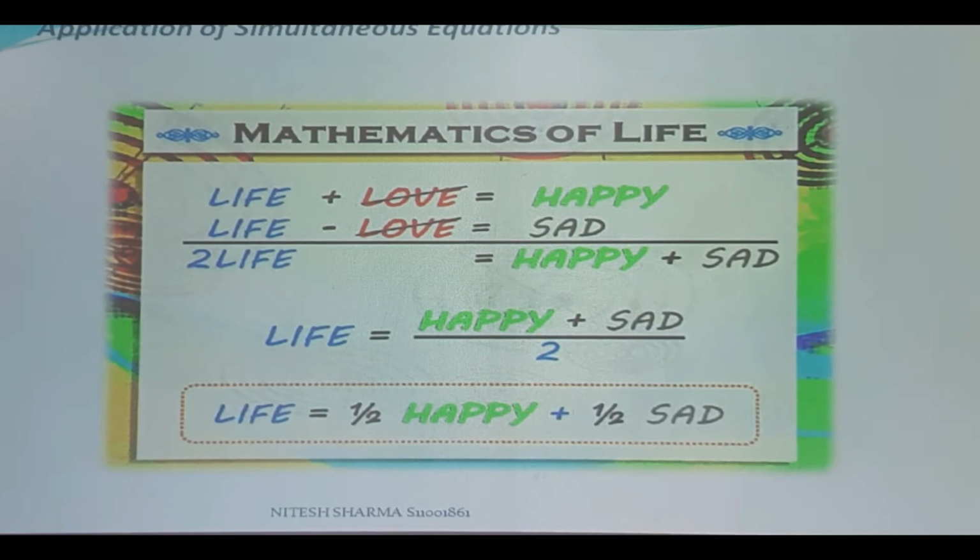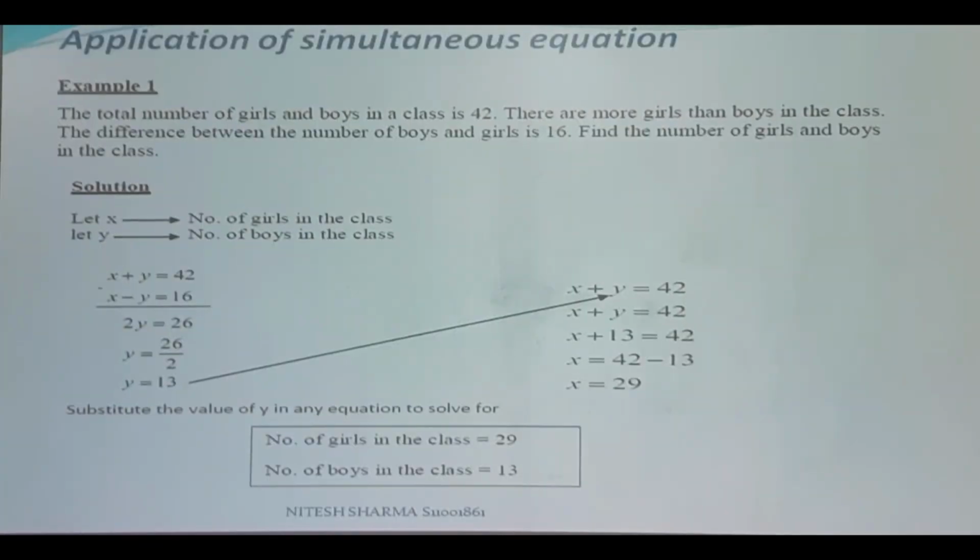Solving the equation of life by dividing by 2 gives life equals half happy plus half sad. Let's look at our first example and let's discuss this question.